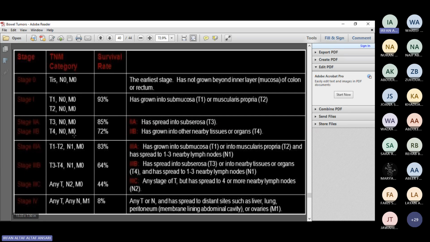But at least remember this point. When it becomes stage 3C, N2. When it becomes stage 3, N1. Whenever lymph node comes, stage 3. And whenever distant metastasis comes, it becomes stage 4.